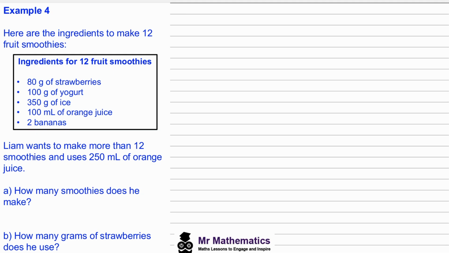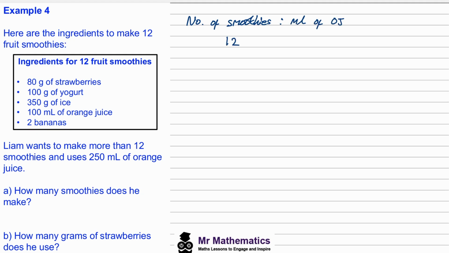So the ratio will be, we've got 12 fruit smoothies. So we'll have the number of smoothies, and then we're told that Leon wants to make more than 12 smoothies, and he uses 250 milliliters of orange juice. So the second part of our ratio will be the milliliters of orange juice.